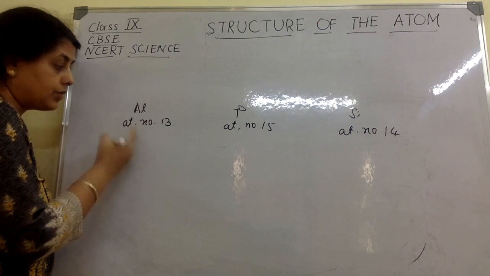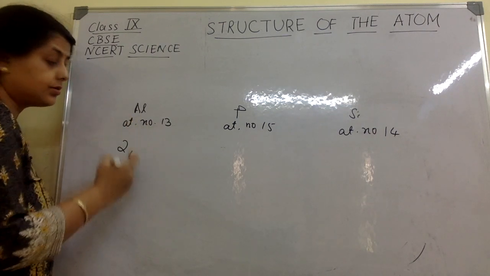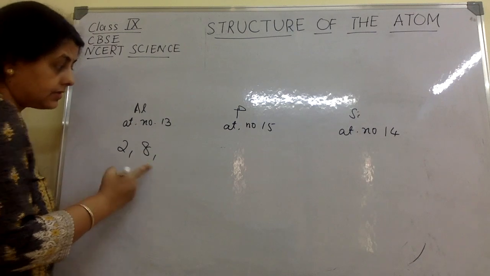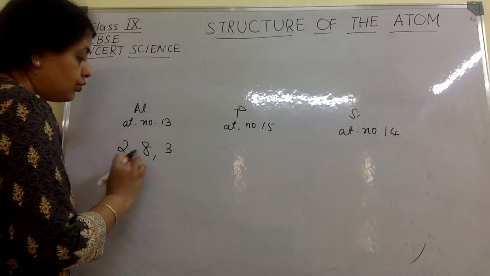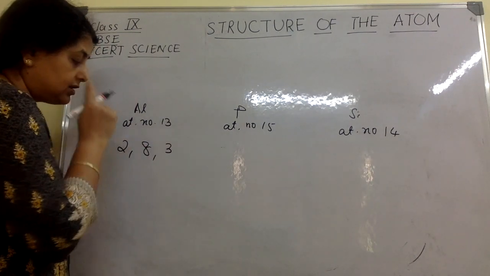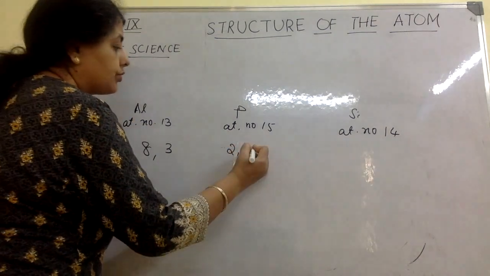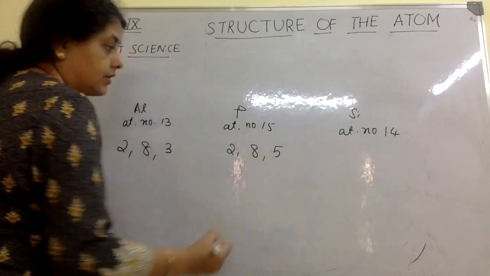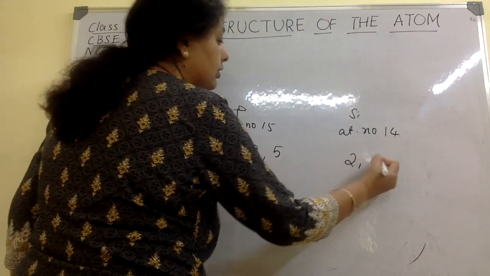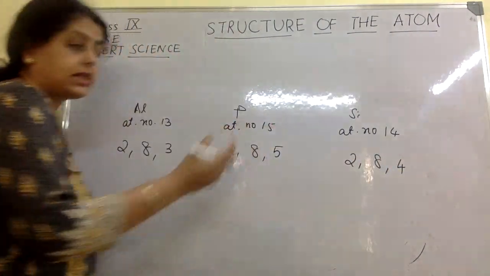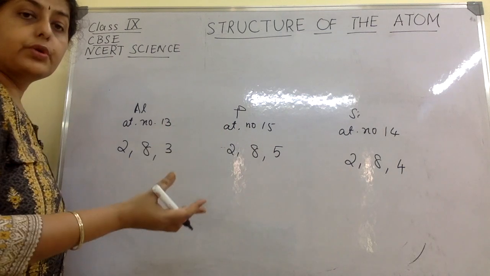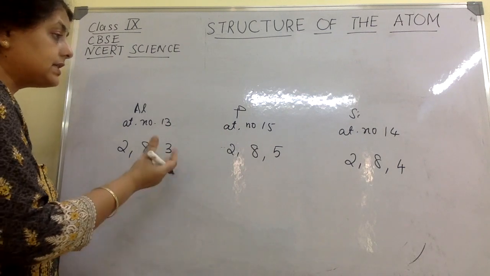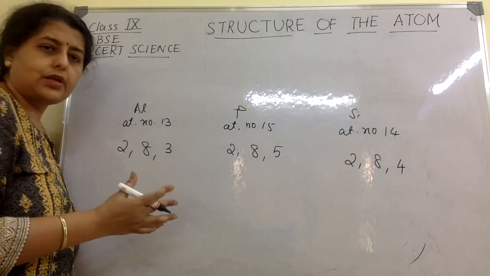First is aluminium has atomic number 13, 2, 8, 10 done. Now 3. 2, 8, 3, that makes it 13. 2, 8, 10 and 5. Okay, here 2, 8, 10 and 4, that makes it 14. Okay, so these are the few more of the electronic configurations.